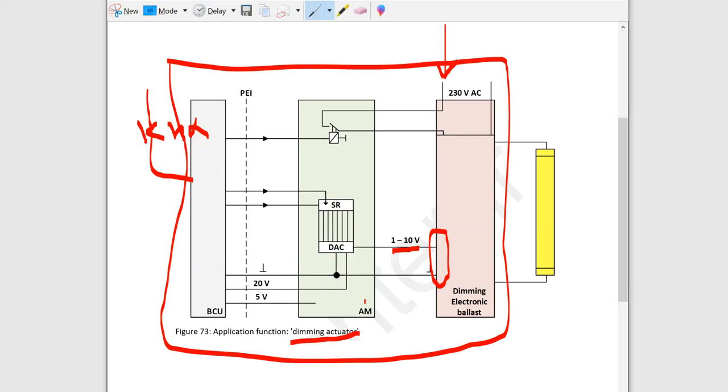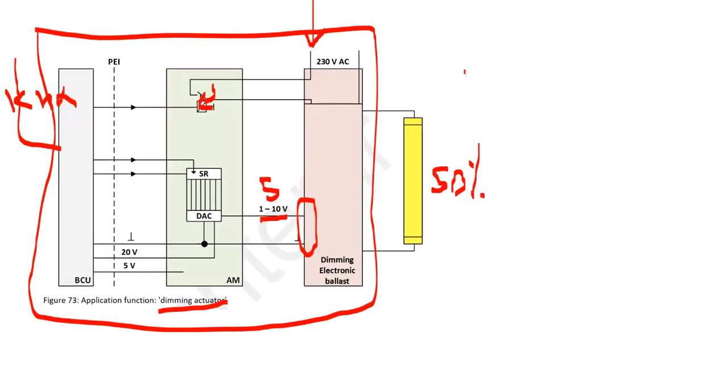Great. So the packet of data, or telegram, from the KNX bus comes to the bus coupling unit and is handled here. From here the relay will be closed. For example, you want to dim it to 50%. The output of the digital analog converter will be 5 volts, and this ballast is going to make it 50%. So for programming, what's happening?